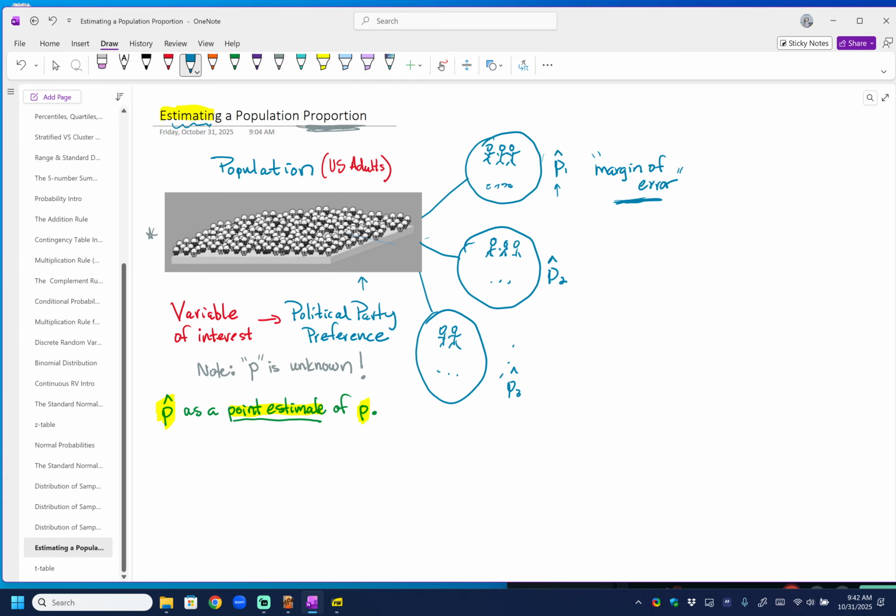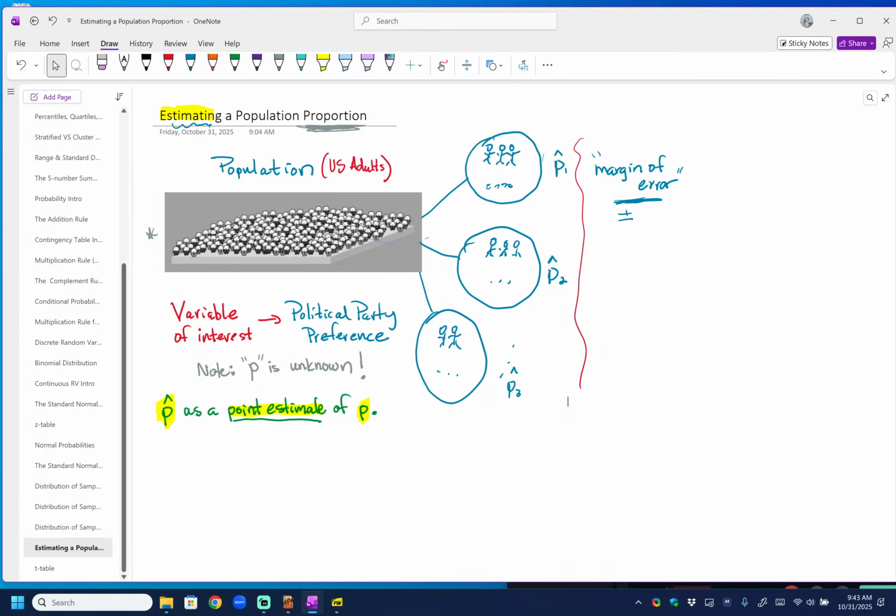So what a margin of error helps us with in every single sample that we take is it gives us a plus or minus some value, where we can go a little bit below the sample proportion of 35%, maybe 2% below, and then 2% above, let's say. And that'll give us a span of values that we can use to estimate the population proportion instead of using it as a direct replacement of it.